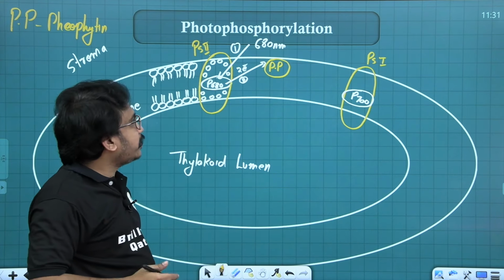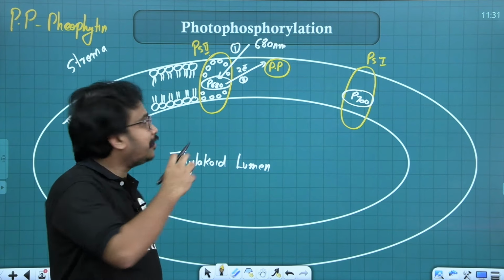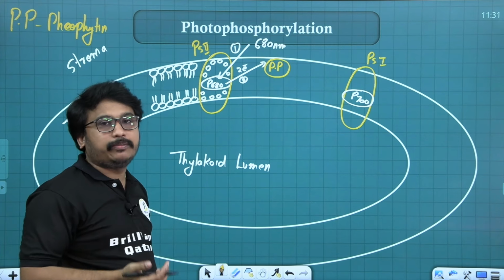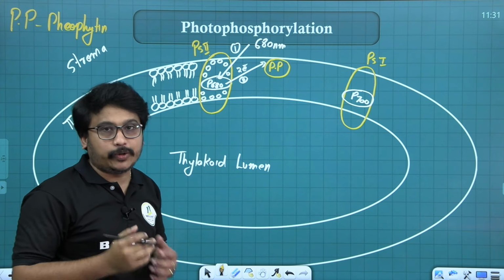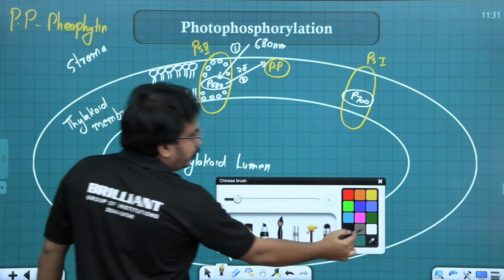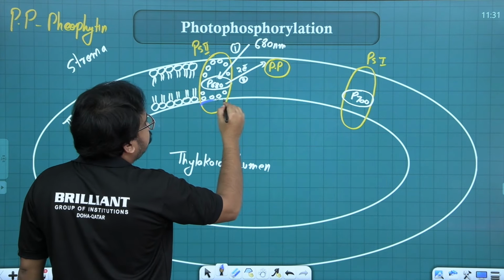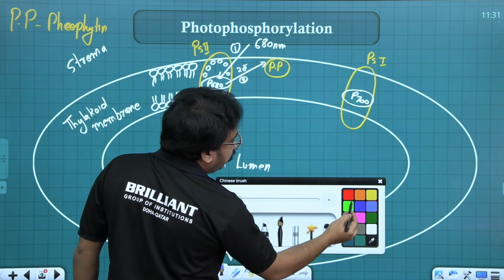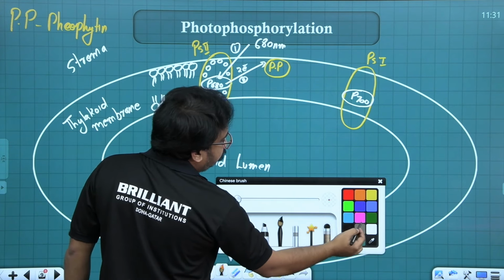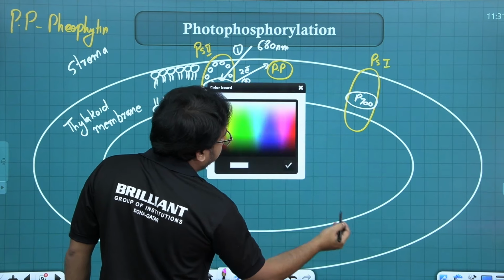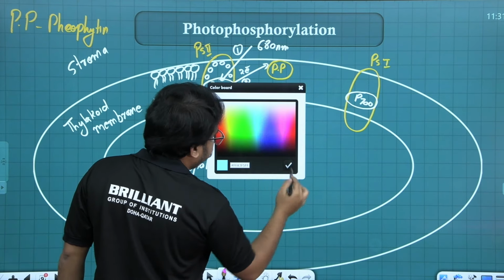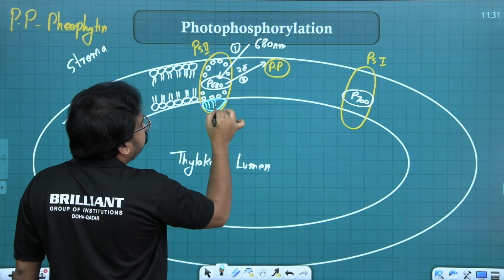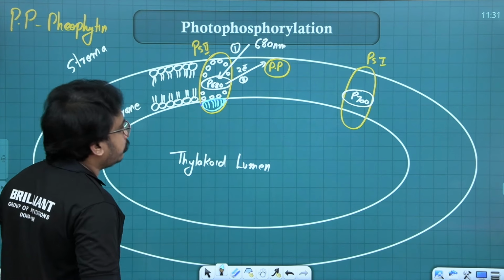Now there is a vacancy of 2 electrons at the reaction center of photosystem 2. So how should it be replaced? There only the water is utilized. Here there is a water splitting complex. Let me show that water splitting complex. At this location there is a water splitting complex in photosystem 2.